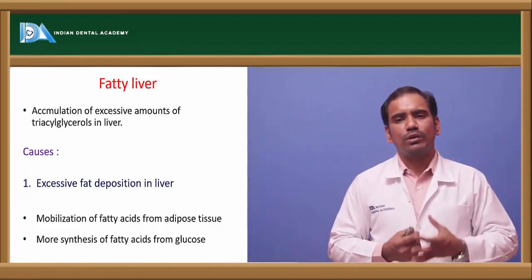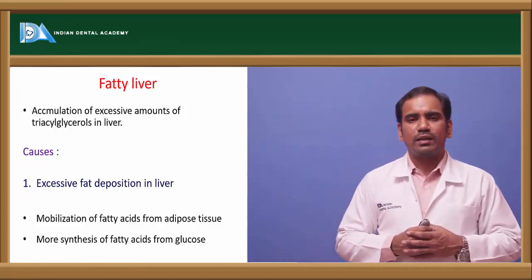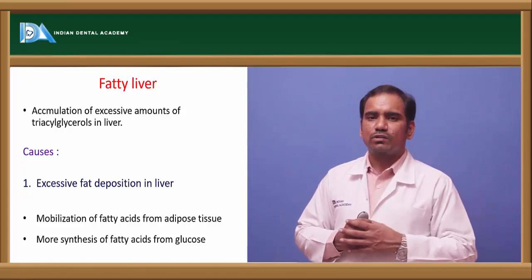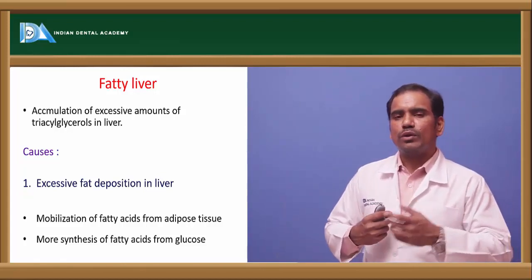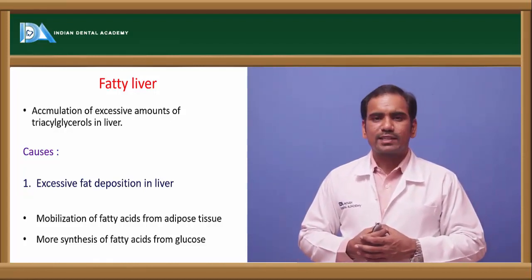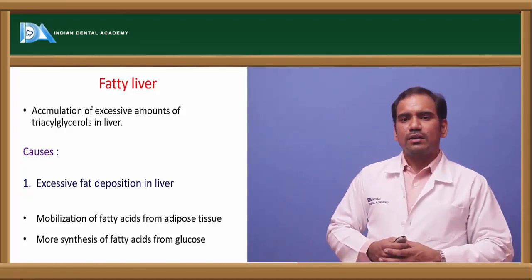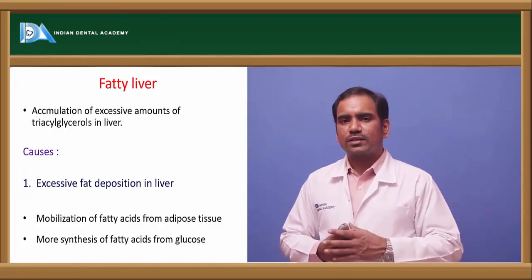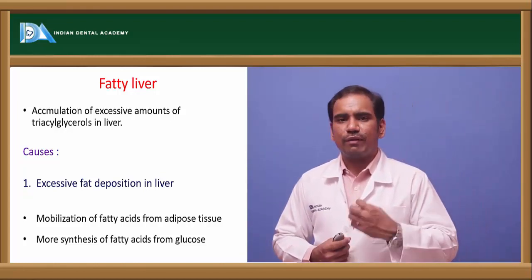Whenever you take more glucose in the diet, that glucose can be used in the synthesis of fat, so the excess calories you are taking are converted into fat. That leads to excess fatty acid synthesis, and that gets deposited in the liver. So this is the first reason for fatty liver, excess deposition of fat in the liver.